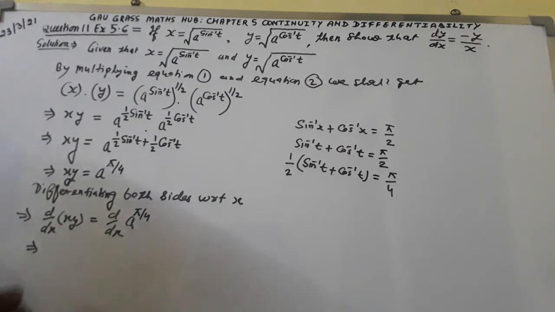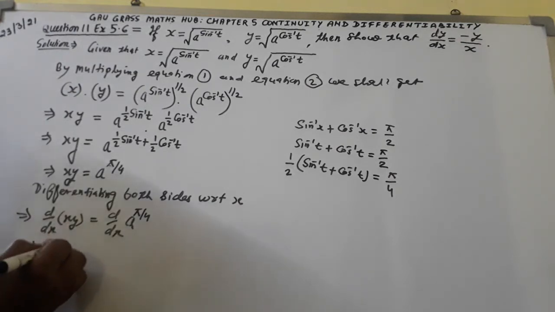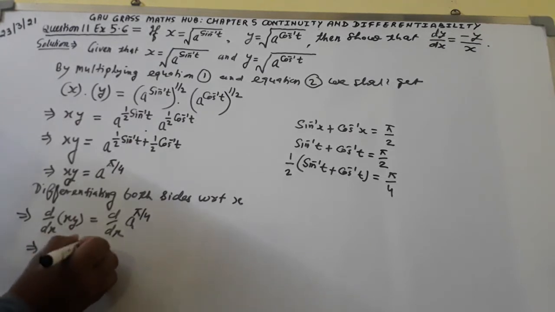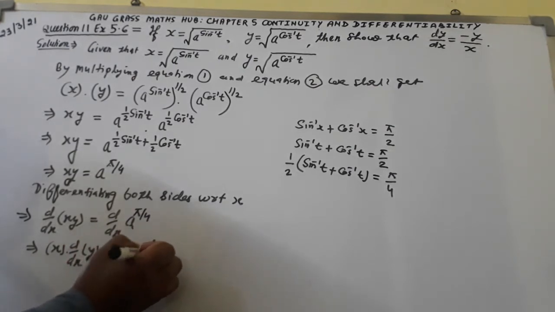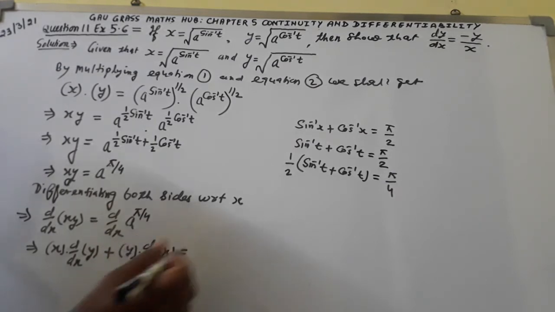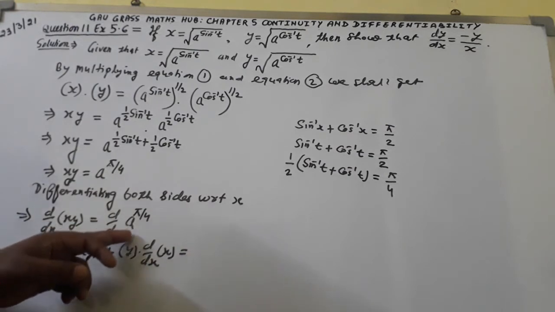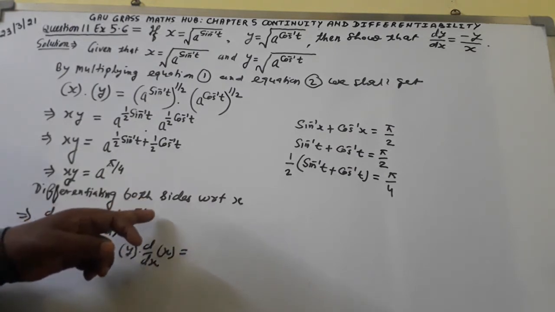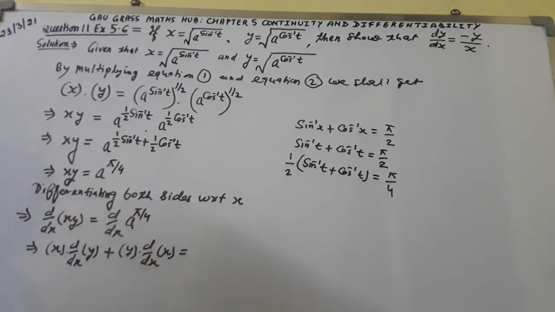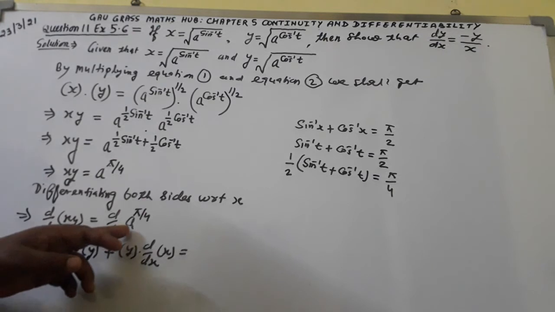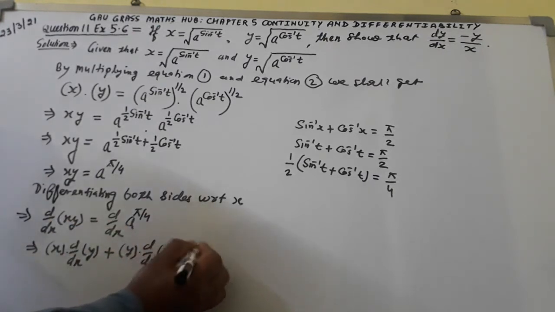By applying product rule, here I shall write first function as it is dot d over dx of y plus second function I shall write as it is d over dx of x is equal to, here d over dx of a raised to the power pi by 4. A raised to the power pi by 4 is constant. The derivative of constant comes out to be 0.